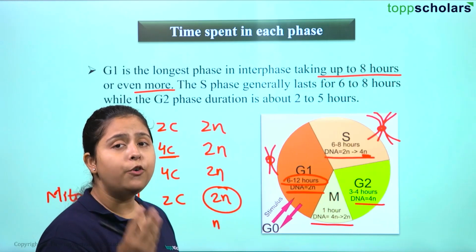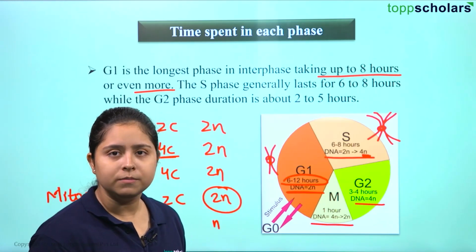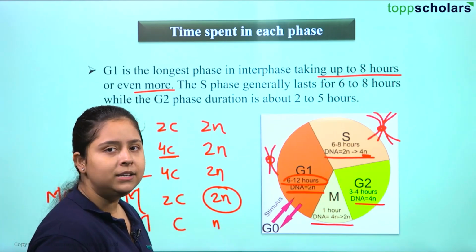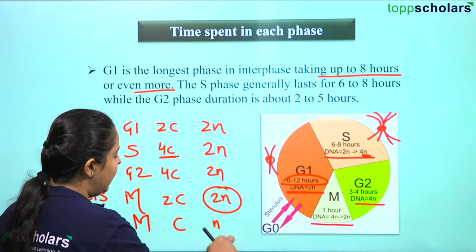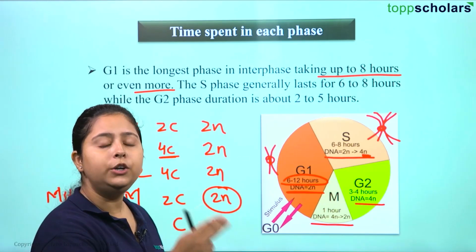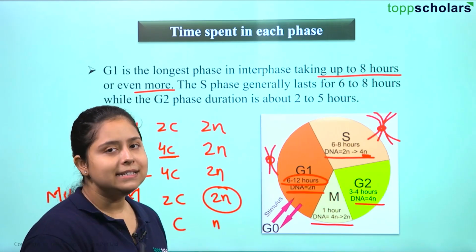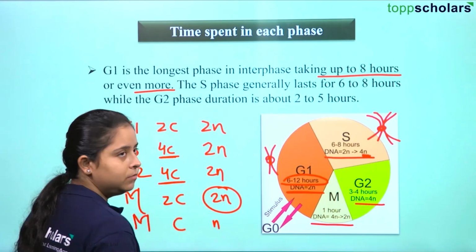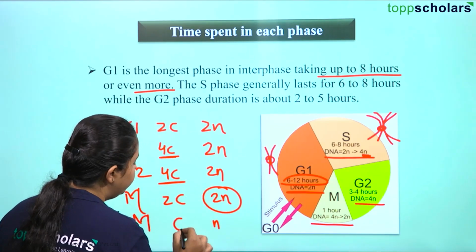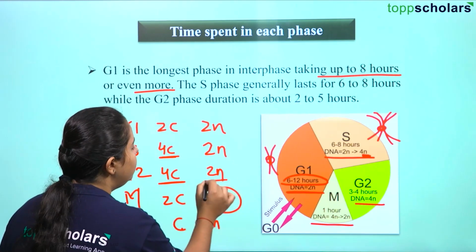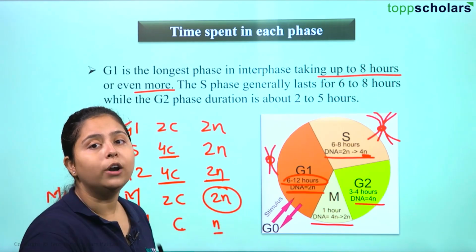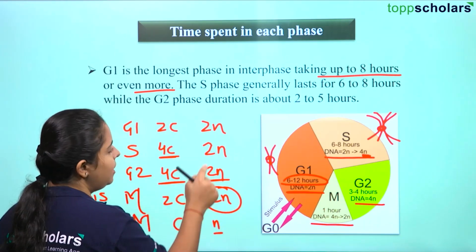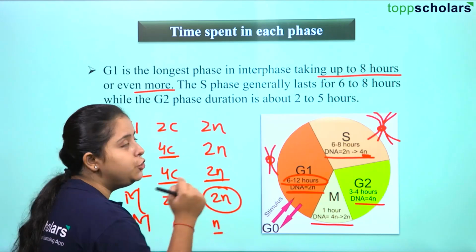Remember, we have four haploid cells which are being formed, and the DNA content will be C. So in two cells we have n and C, and in the other two cells we also have n and C. So from 4C we have come to C, and from 2n we have come to n in meiotic division. For mitosis, we have come from 4C to 2C, and from 2n to 2n only.